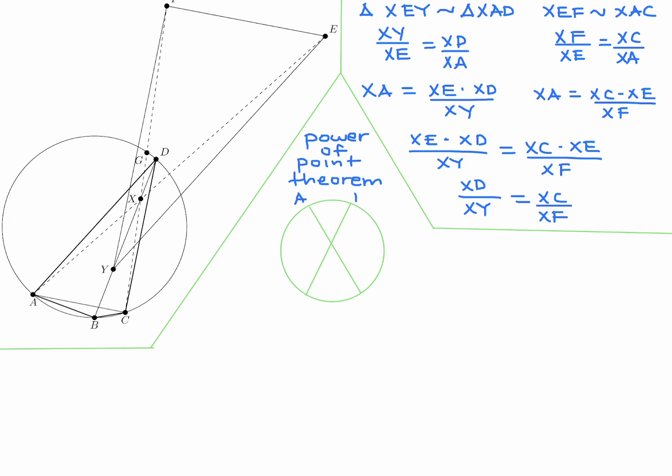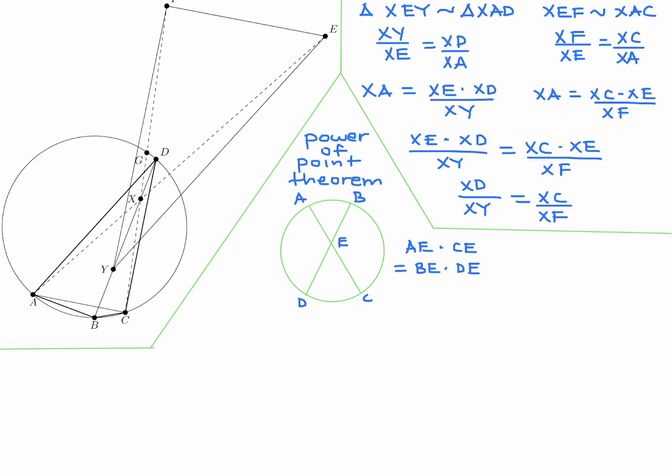Let's say you label it A, B, C, D, and E like that. The power of a point theorem states, in this particular diagram, that AE times CE is equal to BE times DE.